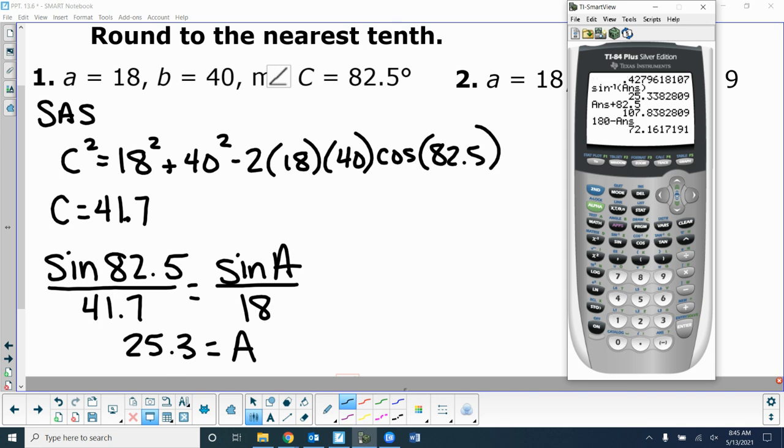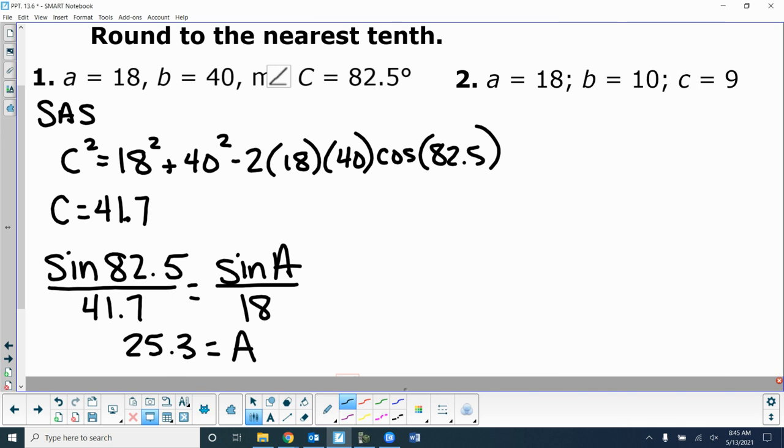That'll give you 72.2. Because you need to know all 3 angles. We know angle A, B, and C now. And we know all 3 sides, A, B, and C. You got to have all 3 angles, all 3 sides to have it solved.